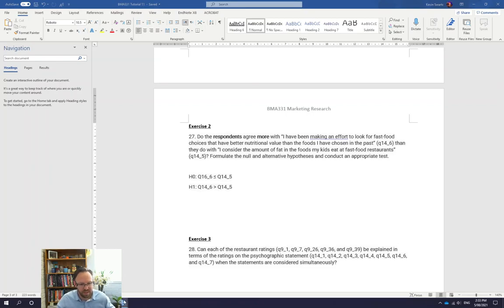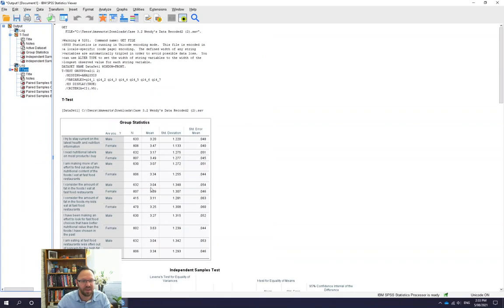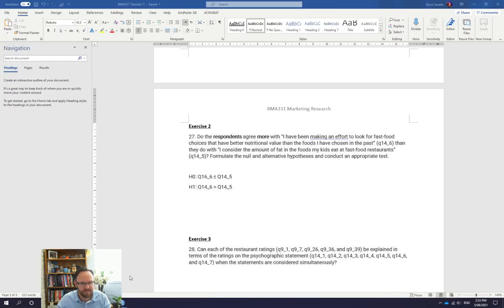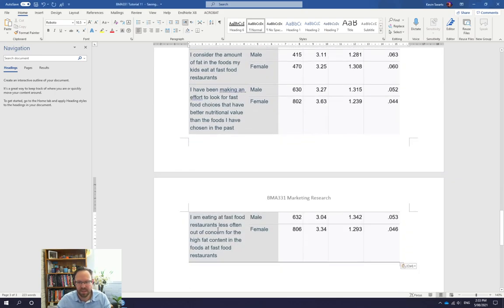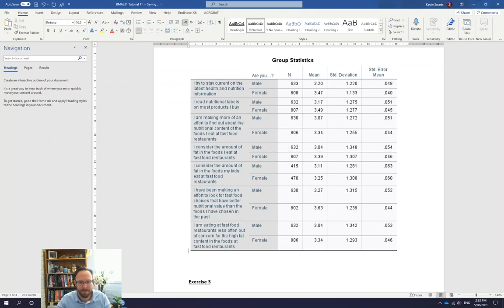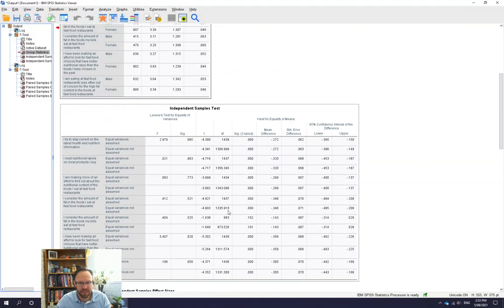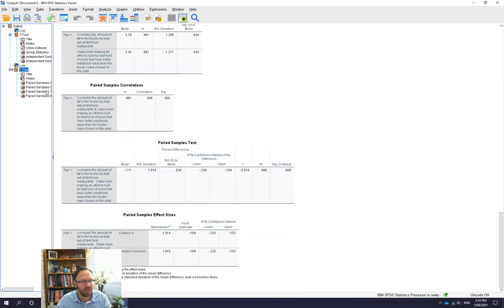Oh, hang on, I've got to paste the results in there first. So I'm going to copy that one, paste that as a picture. Alright, and I want the independent samples. Did I do the wrong one?